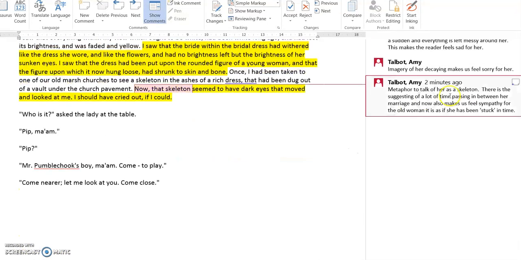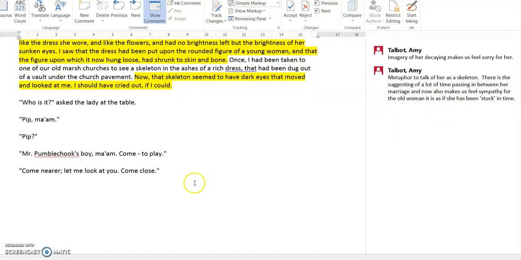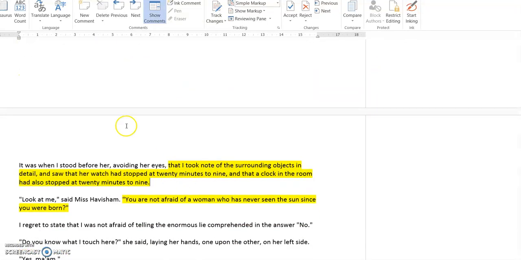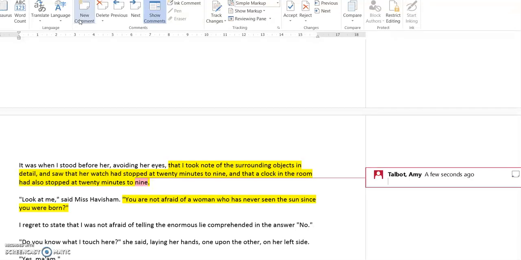So before I was talking about how she seems to be stuck in time, and this idea is emphasized here. Stuck in time is emphasized with Pip's description of stopped clocks.